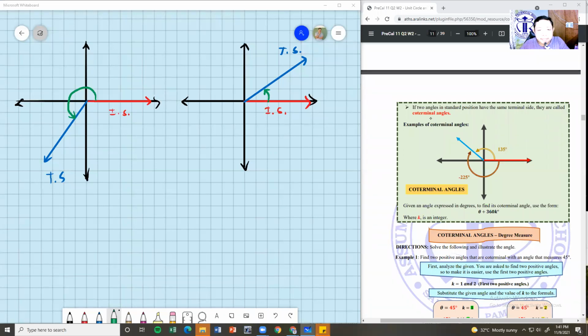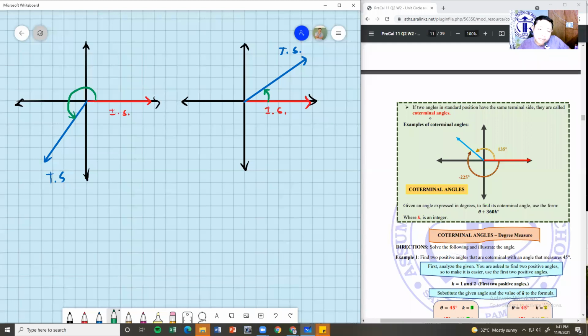From the standard position, from the initial side, it's going to the left, because this is the first quadrant, second, third, and the fourth. So the movement of the angle should be like this. It's counterclockwise. If that's the case, the sign of your angle is always positive if you follow that direction.